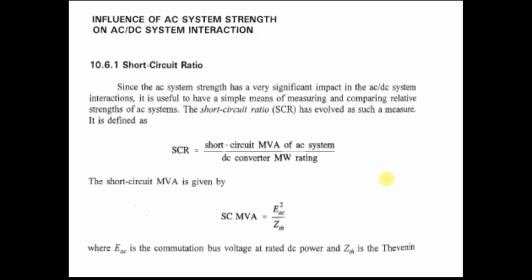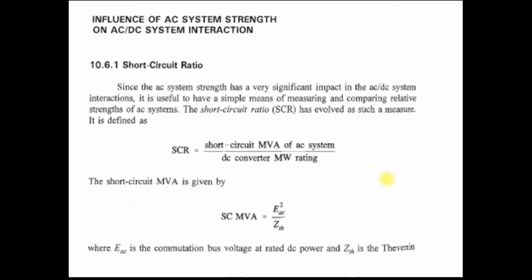Then we started the next topic, the influence of AC system strength on AC/DC system interaction. To identify the strength of the AC system, we find one parameter which is called the short circuit ratio. Based on that, you decide whether the strength of the AC system is high, low or medium.